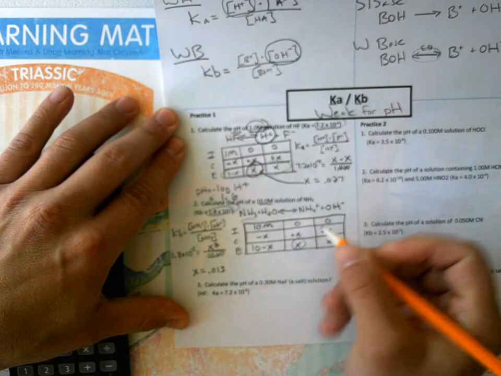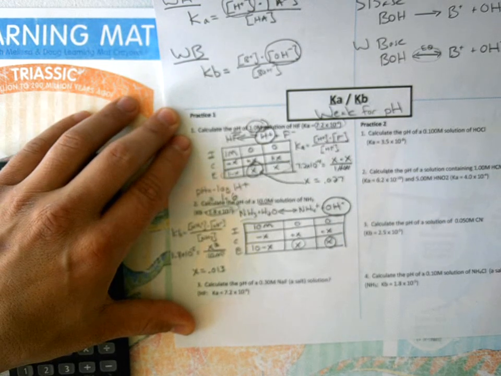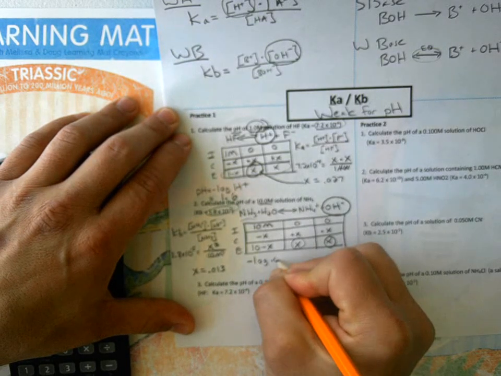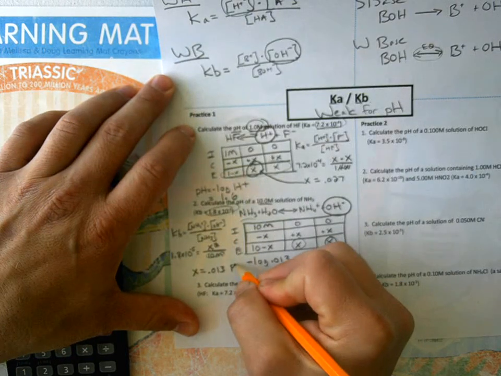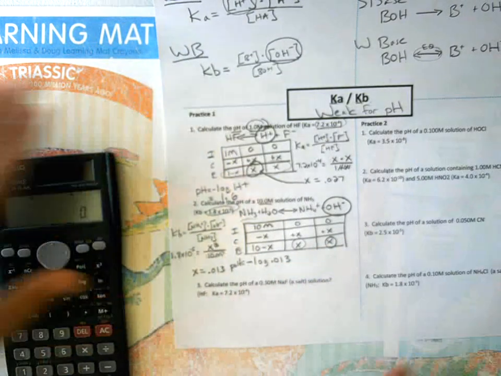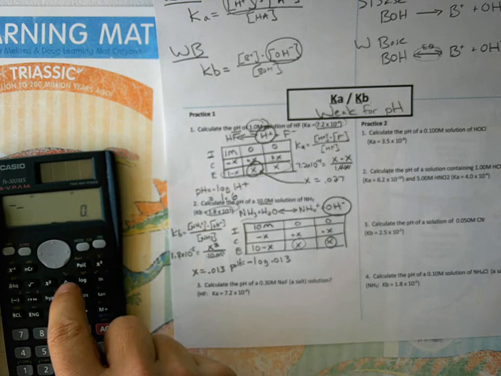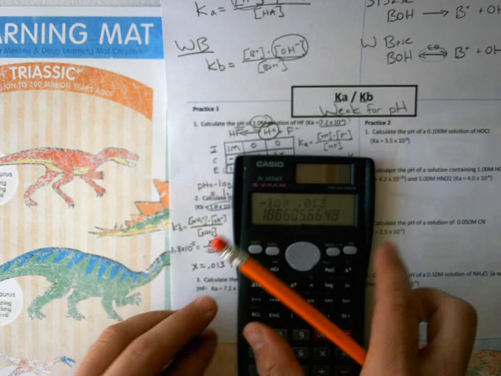This X represents the concentration of OH minus. So if I do the negative log of 0.013, I'm not calculating pH, I'm calculating pOH now, remembering from the base problems. Okay, so the negative log of 0.013 is 1.9.